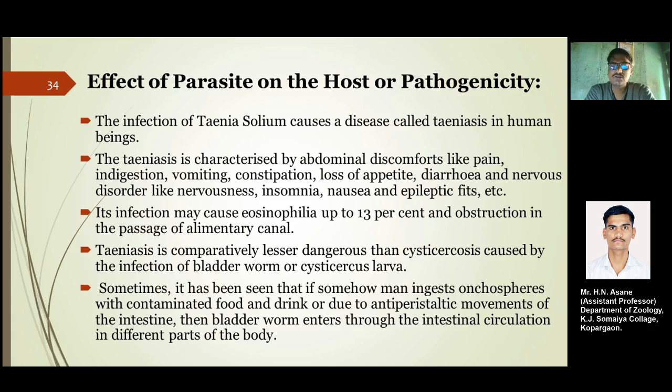Due to antiperistaltic movements, meaning our gut, which normally performs peristalsis in one direction, moves in reverse, the bladder worm enters through the intestinal circulation into different parts of the body.